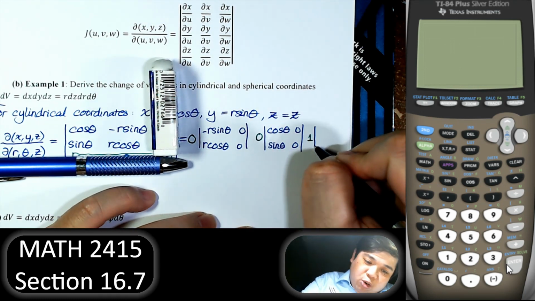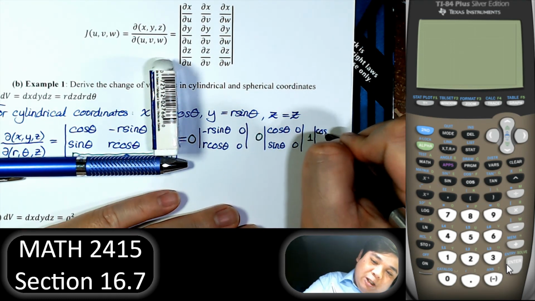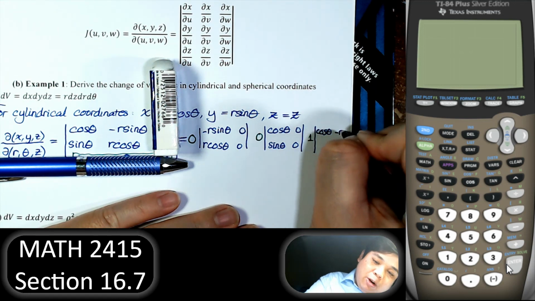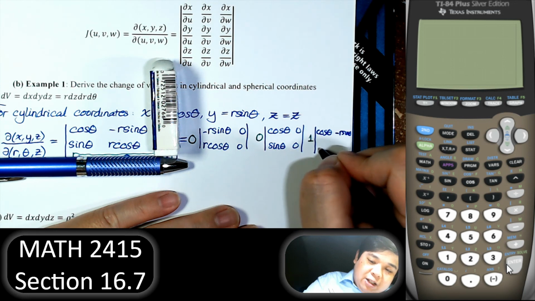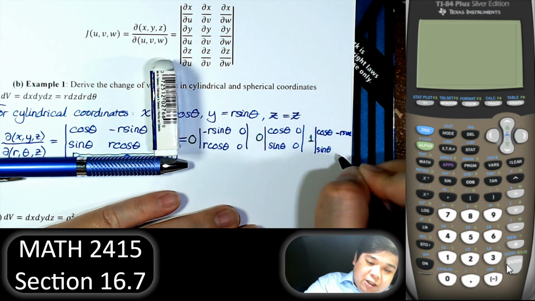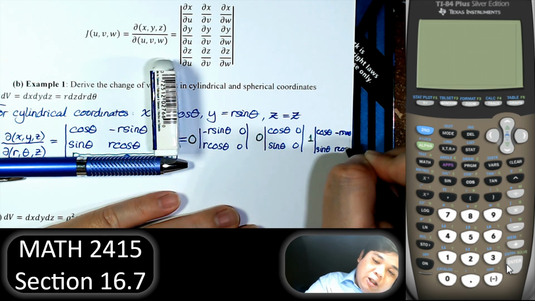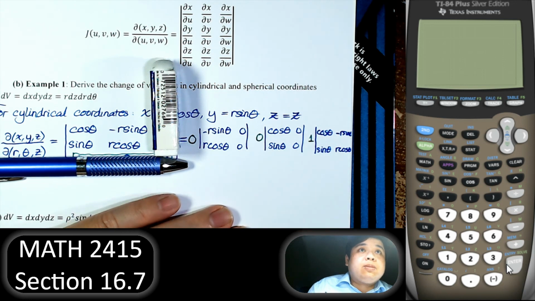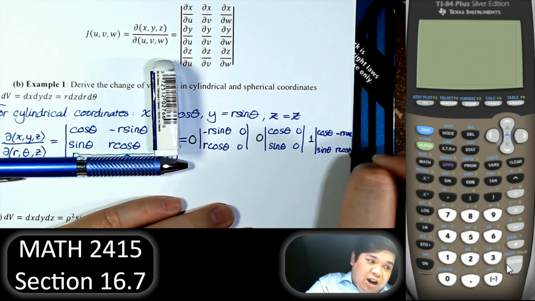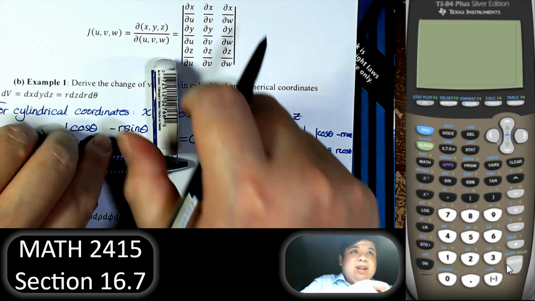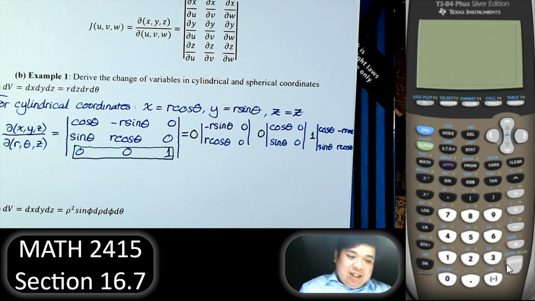So it's much smaller. Cosine, negative r sine, and then sine, r cosine. Determinant. Just there's a line on the back. Sorry about that.